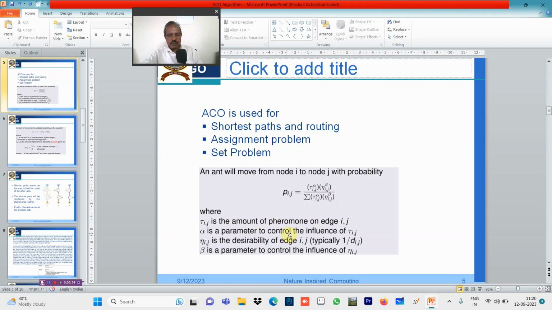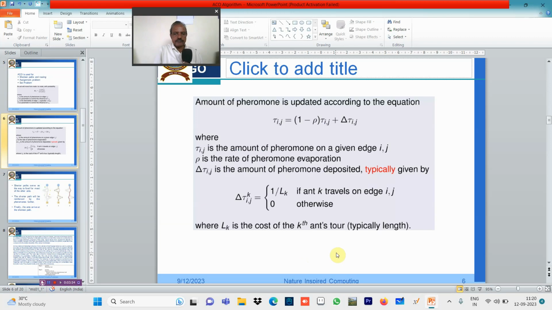Alpha is a parameter to control the influence of tau_ij. Eta_ij is the desirability of edge ij, typically 1 by d_ij, and beta is the parameter to control the influence of eta_ij. So this is the probability that an ant will move from node i to node j.